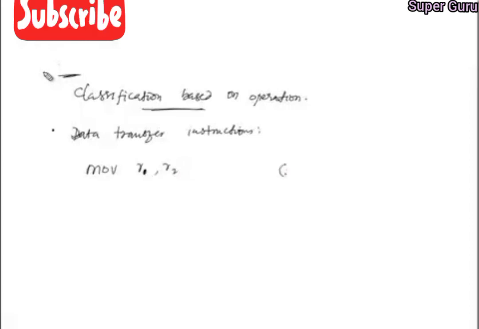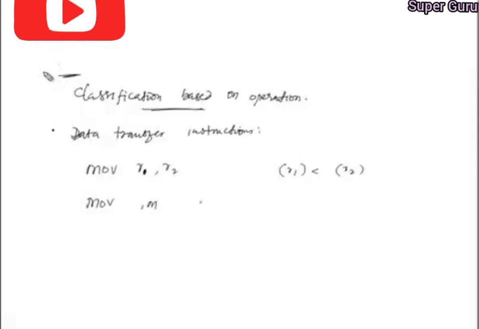The next instruction is MOV R, M. The data at the memory location M will be moved to R.